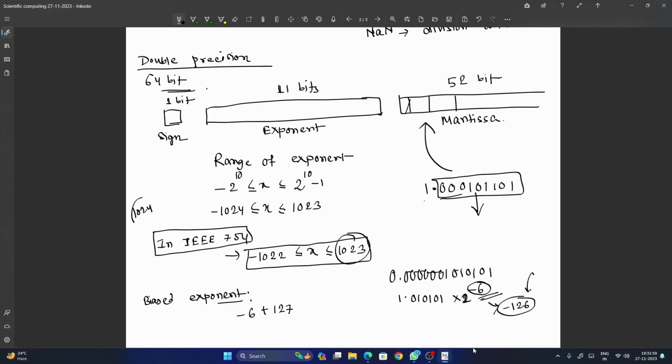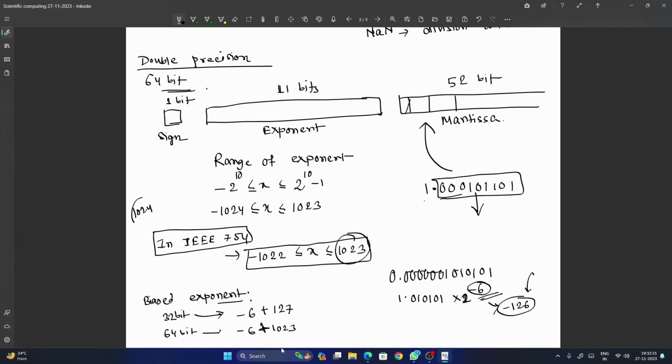So in the 32-bit system, just add 127, and if it is a 64-bit system, then with minus 6 add 1023, and it will make it positive. After that we save the exponent, and that's the process.